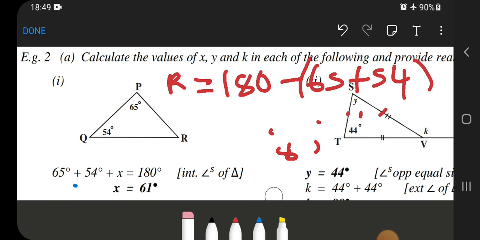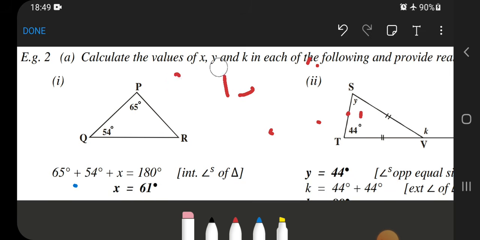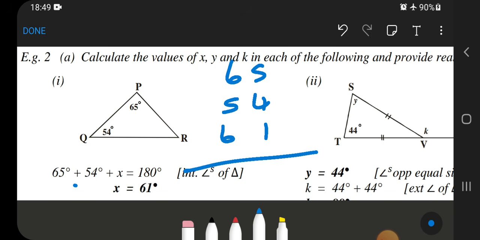Let's see if my mental math is working. So here we will have 65 plus 54 plus 61. 5 plus 4 is 9, plus 1 is 10, carry 1. Right, 0, carry 1, and then 6 plus 6 is 12, and then 5 plus 1 is 6. So 12 plus 6 is 18. So they add to 180, so R is 61.